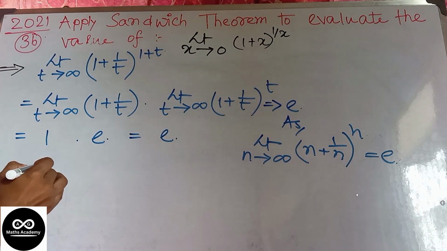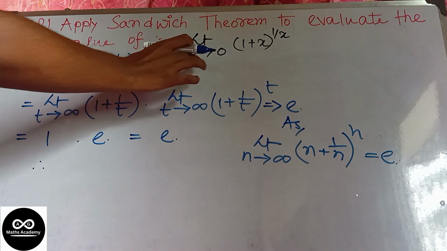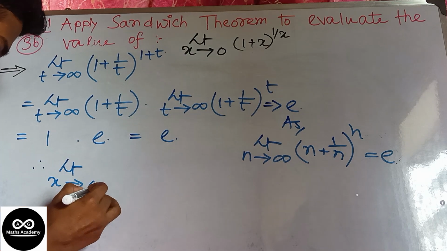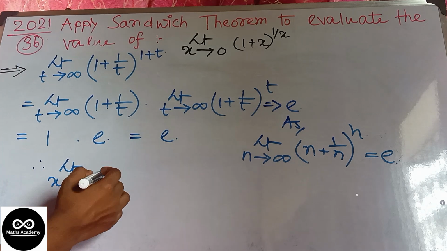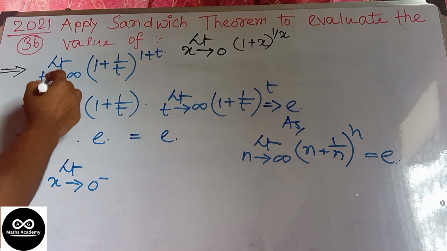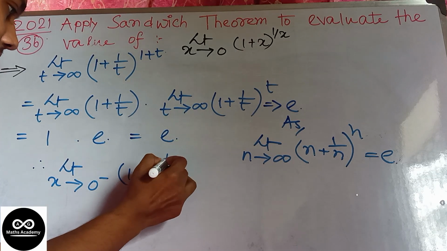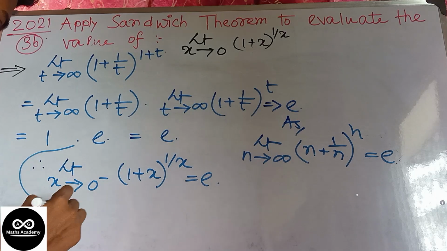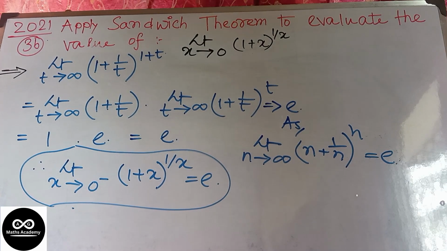Finally, we can say that this was our left hand limit: the limit as x tends to 0 minus of (1 + x)^(1/x) equals e.